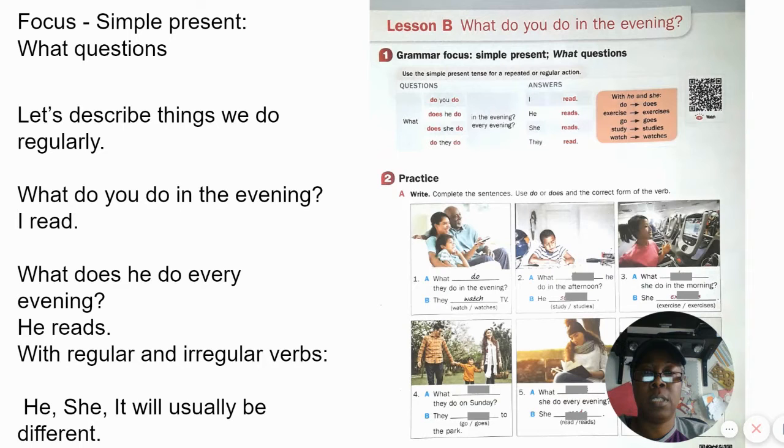So if we come back up here, we'll notice that when we ask about what you do, we say, what do you do? Just like with he and she, do becomes does. So it's, what does he do? What does she do? What do they do? This might be a little confusing. So let me explain this a little bit more.